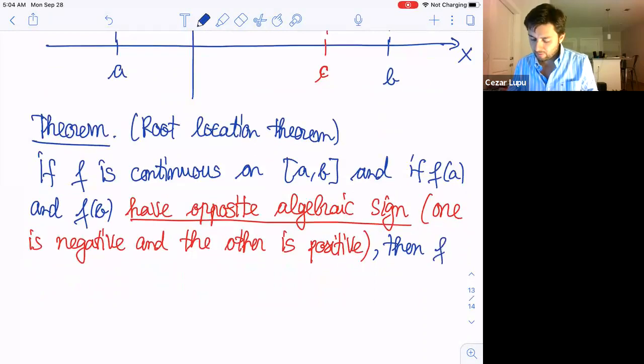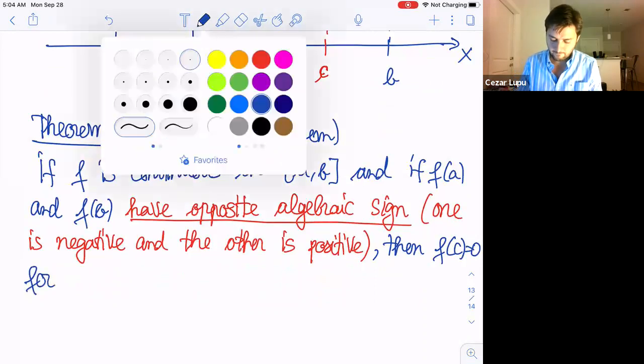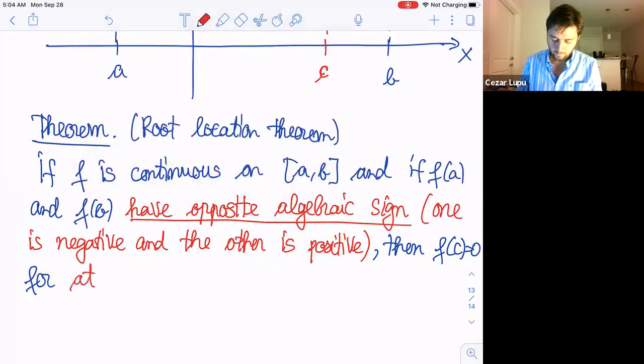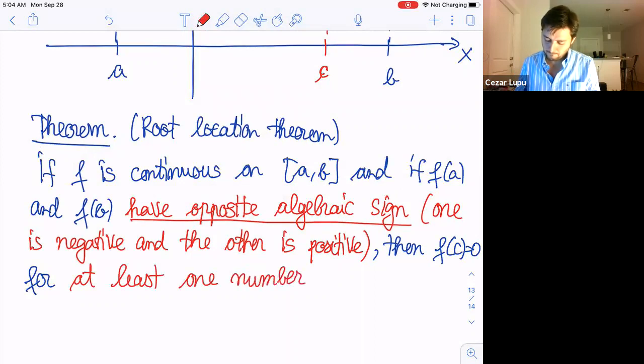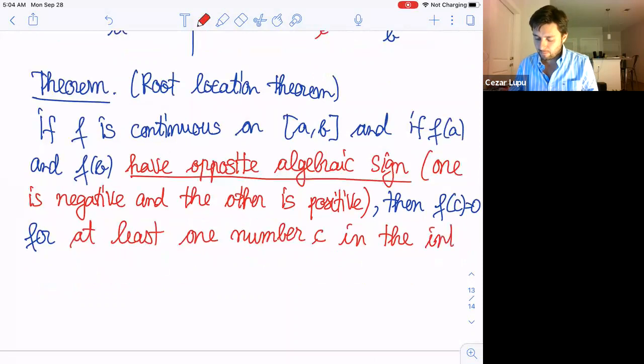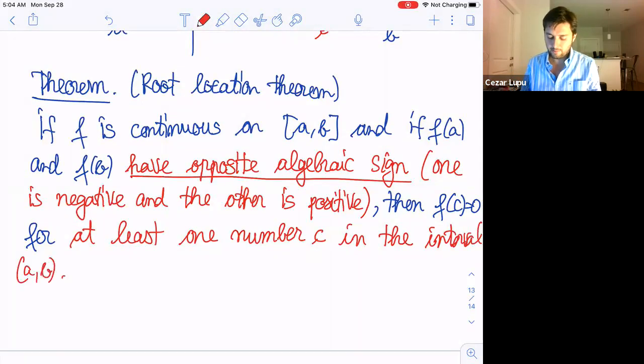Then f of c is 0 for at least one number c in the open interval (a, b). So that's exactly what it means.